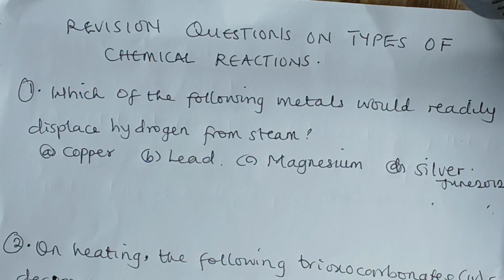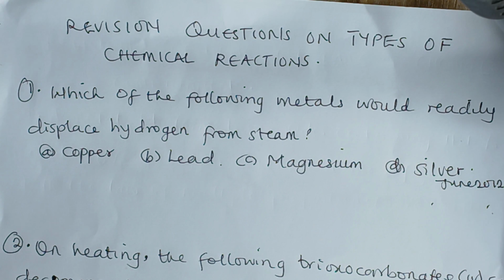Now, there are different equations of reactions, and there are some reactions that do not occur. For instance, silver and copper don't react with either steam or cold water to liberate hydrogen. Lead reacts with steam.